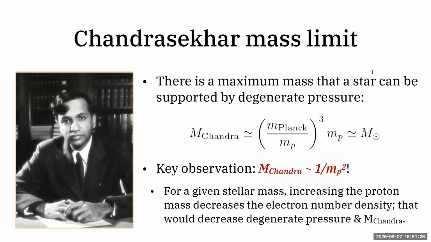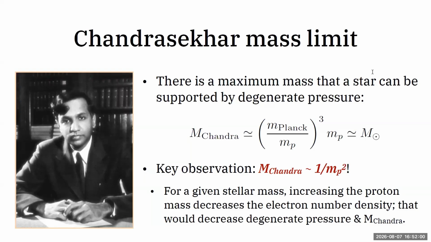This Chandrasekhar mass is a combination of 2 parameters. Parametrically, it is the Planck mass cubed over proton mass squared. If you plug in numbers, it will be a solar mass, magically. So there are 3 places in all of physics I know which involve the Planck scale: Hawking radiation, primordial gravitational waves, and Chandrasekhar mass.